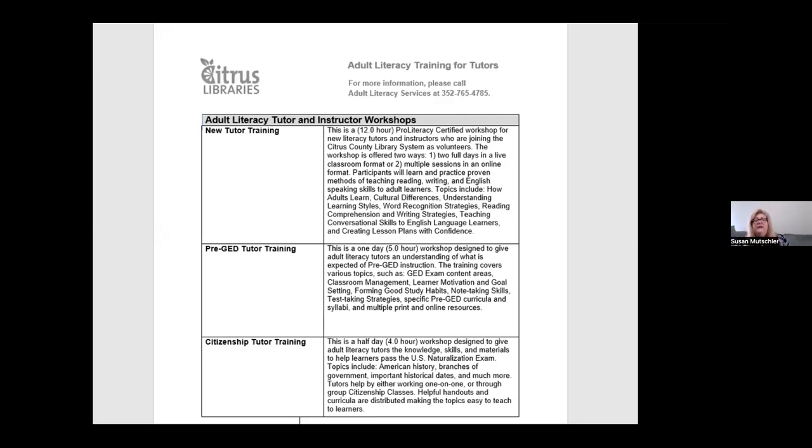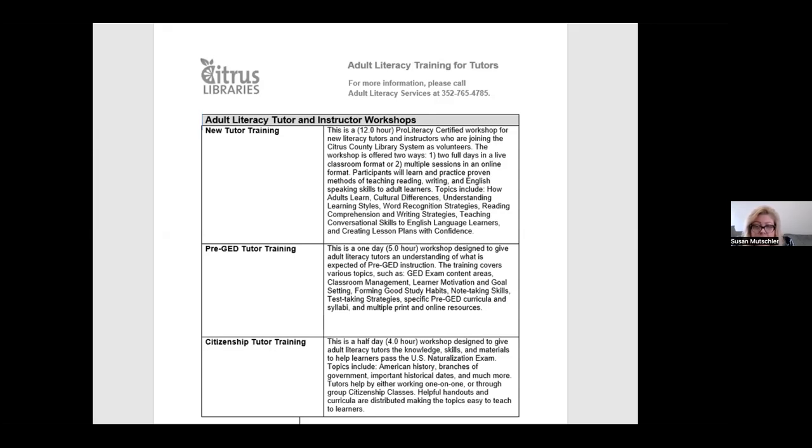I included a listing of our different workshops. You can read the verbiage on them. So for a new tutor training, this is a 12-hour ProLiteracy certified workshop for new literacy tutors and instructors who are joining the library system as volunteers. The workshop is offered 2 ways, 2 full days in a live classroom format or multiple sessions in an online format.